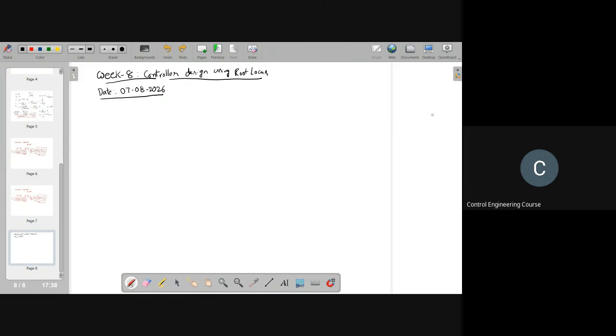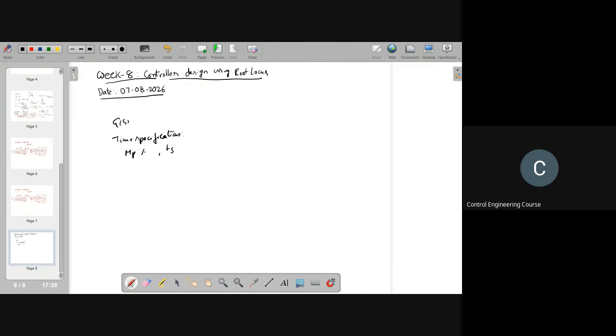So basically, you will be given an open loop transfer function G of S and time domain specifications like settling time and maximum overshoot, Mp and Ts.